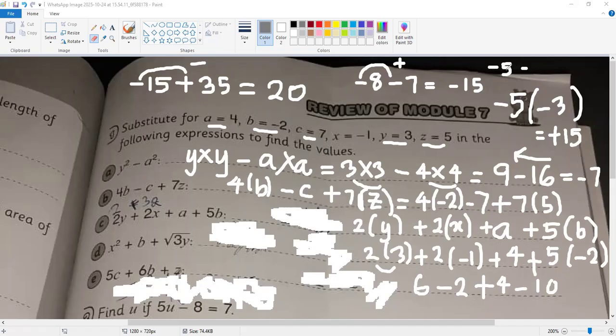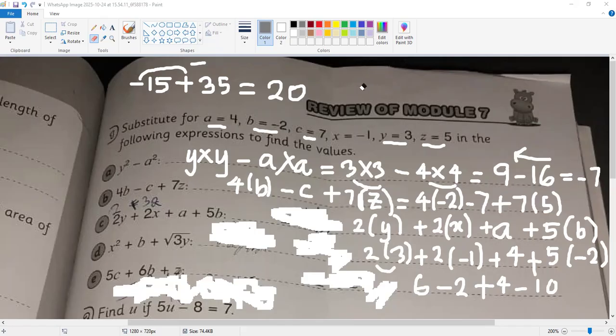Minus 5 minus 3 is different from saying minus 5 times minus 3. Minus 5 times minus 3 means I will multiply this sign. Minus times minus is what? Is plus. So I will do 5 plus 3 as 8, and that is minus 8. So please take note of this, because sometimes some children usually confuse these things, and that is one of the areas that we are trying to correct in this video.